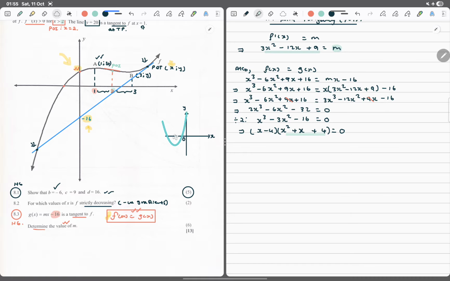Okay, it's doing things like this. So I know that my graph is like this because my axis of symmetry is to the left and we've got a positive y-intercept of 4.